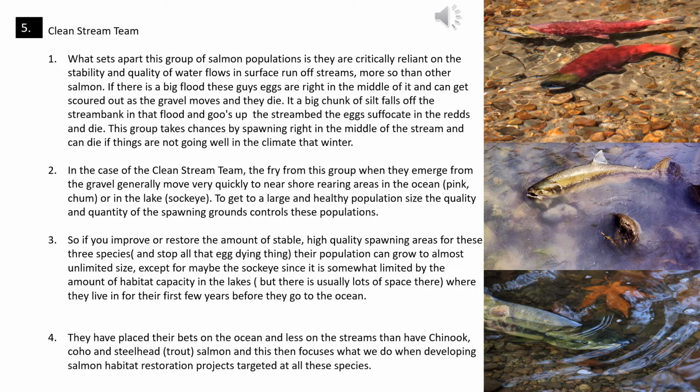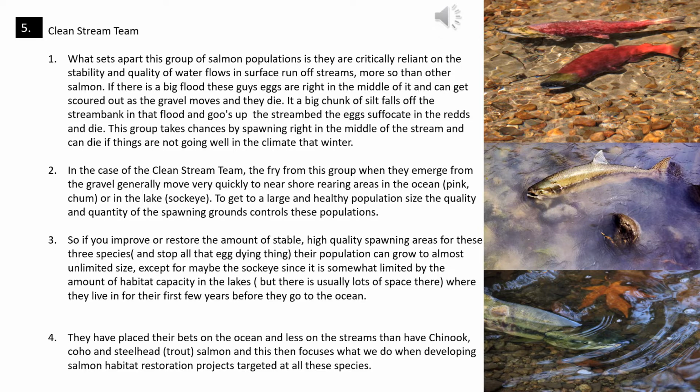It's the spawning ground. So if you improve or restore the amount of stable, high-quality spawning areas for these three species, their populations can grow to almost, I don't want to say it, but unlimited size, very large sizes.